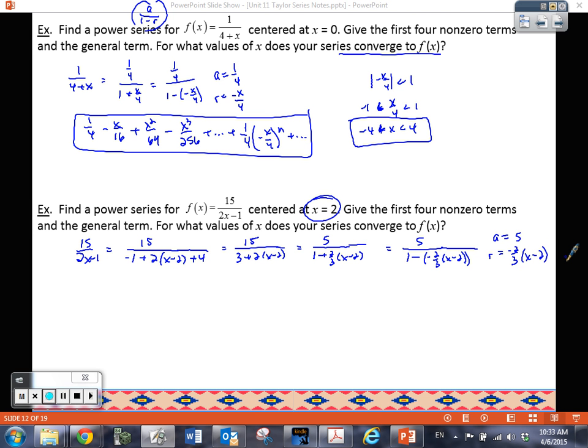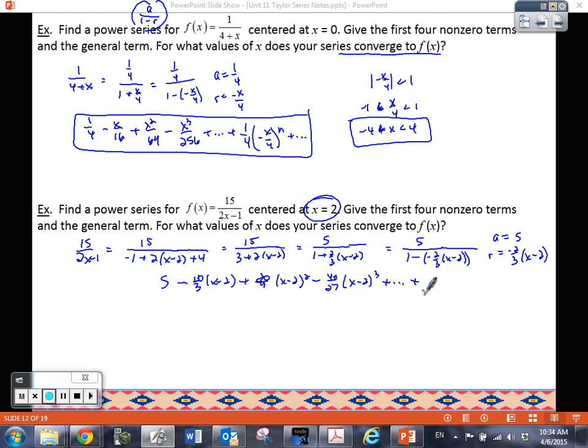So we need to write the first 4 non-zero terms and the general term. So the first term is 5. And then I'm going to multiply 5 times 2/3 and get 10/3 times x minus 2 plus, and I keep going, just keep using my r by multiplying, 20 over 9 x minus 2 squared, and then 40 over 27 x minus 2 cubed, and that's my first 4, plus dot dot dot plus.